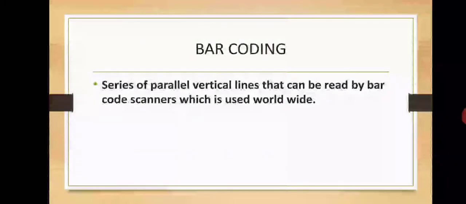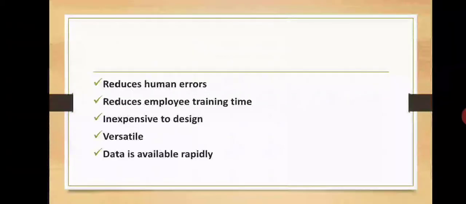A barcode is not just a series of parallel vertical lines, but you always have a number below the vertical lines, and these numbers have complete information like the MRP of the product, the batch number, when it was manufactured, what is the expiry date, who is the manufacturer who has dispatched it, from which branch it has been dispatched, and in which batch it was manufactured. This barcode contains all the information of a product, that is, complete information of a product.